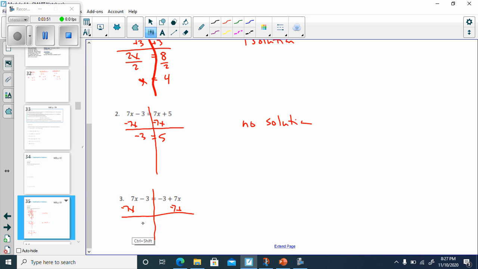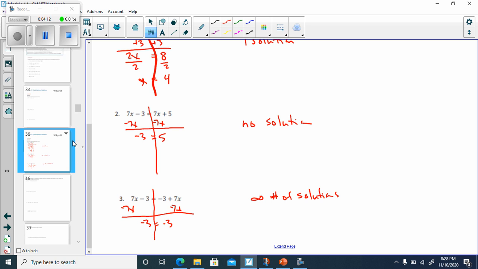If I do that, I get negative 3 is equal to negative 3. In this case, this is exactly the same, so there's an infinite number of solutions. Try the next page.